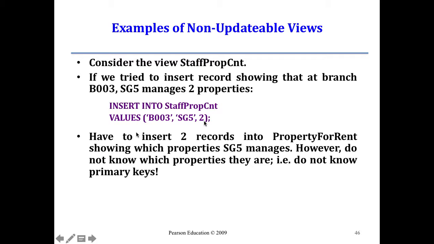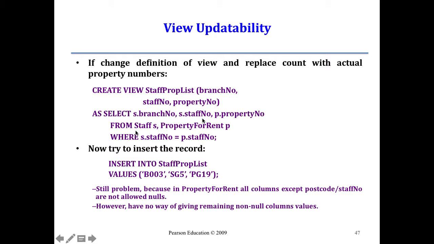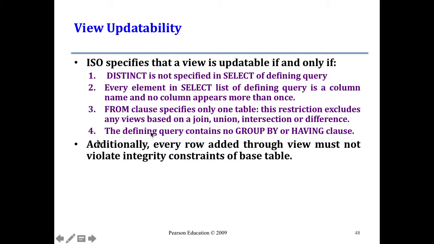And if I insert a tuple that's a summary, like this one is, I can't figure out, I'm going to have to generate multiple tuples to match this summary. I have no way of doing it. So that's what 4 is essentially saying: anytime you've done grouping, you're not going to be able to reverse the operation. So it's illegal.